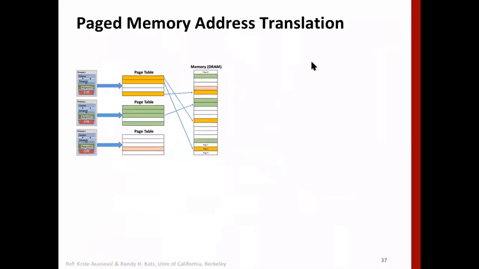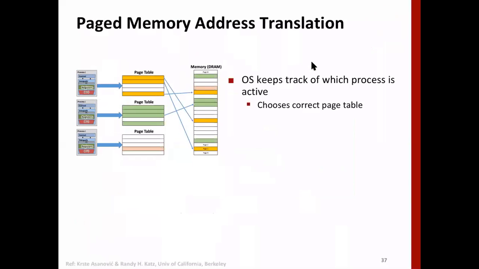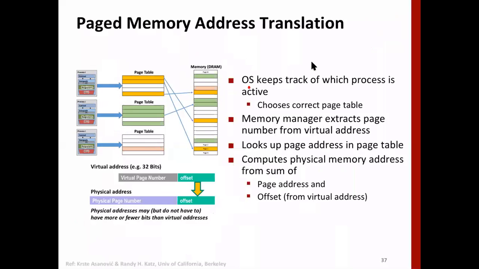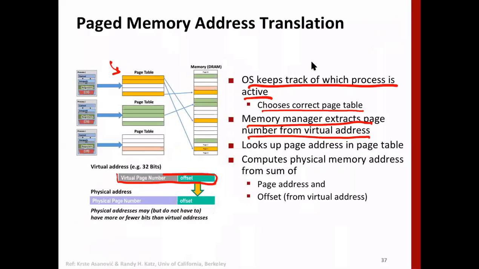Okay, so this is what we have studied just now. The OS keeps track of each process, whether it's active or not. All active processes will have a correct page table, or basically will point to a page table. We'll look at the data structure later. The memory manager extracts the page number from the virtual address, which is known because this is what the CPU generates.